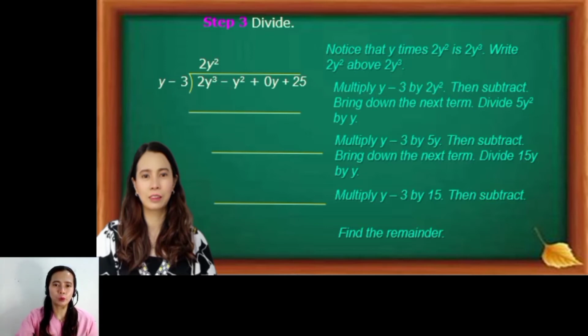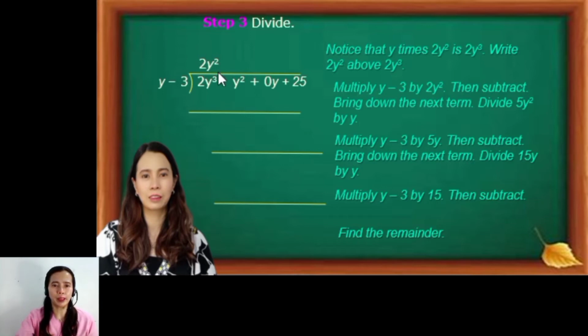So, write 2y squared above 2y cubed. We subtract the exponent, diba? 3 minus 1, that is square. So, 2y cubed over y is 2y squared. Itatapat mo dito.